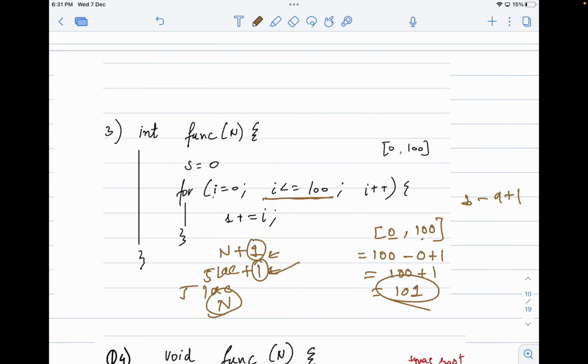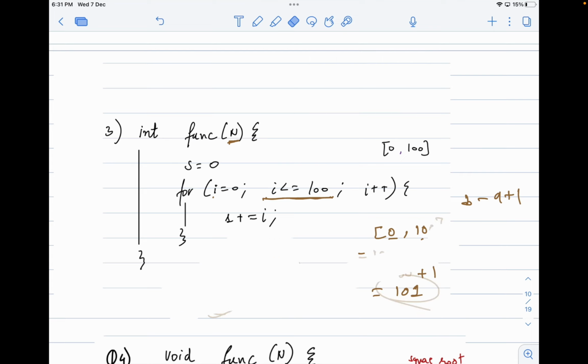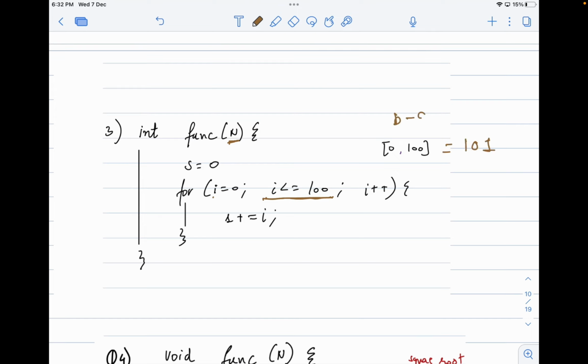Okay, so in this case, whatever n will be here, for this example let me tell you in detail. As I said, this is taking 101. How do you know that b minus a plus 1 is 101? Suppose your n is 1 lakh, but is your n going for iteration? No, right?